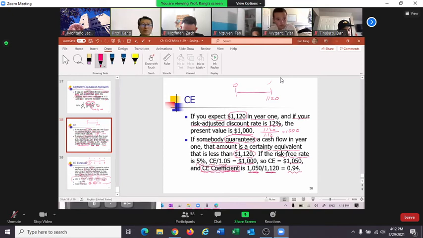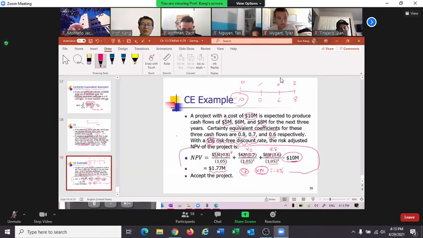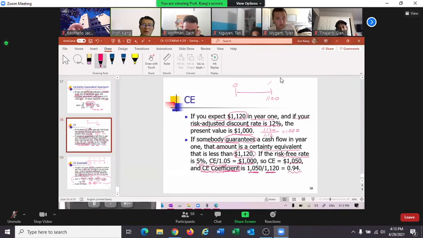That can be more difficult than this one, right? This one is probably easy, but this one you have to really know what's going on, right? Because first you have to calculate the present value of the risky cash flow using the risk-adjusted discount rate, and then what?